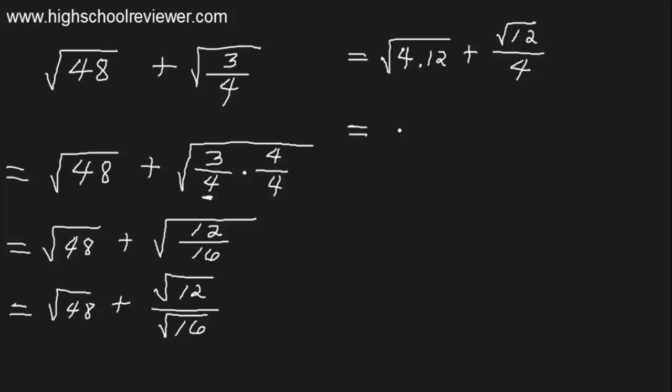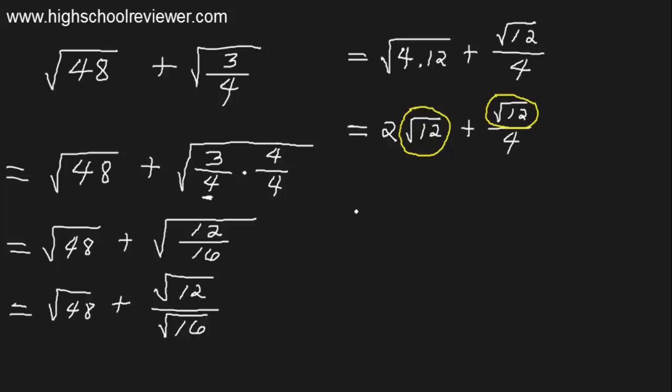So square root of 4 is 2 times the square root of 12 plus the square root of 12 all over 4. Now, since square root of 12 is common between the two terms, we can factor that out.